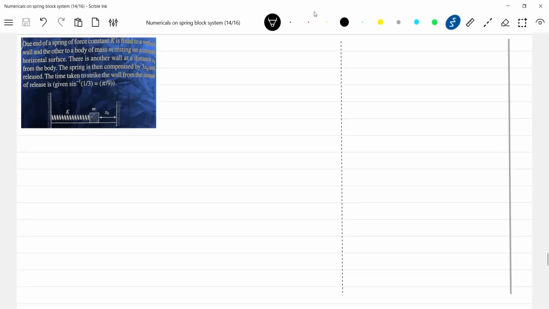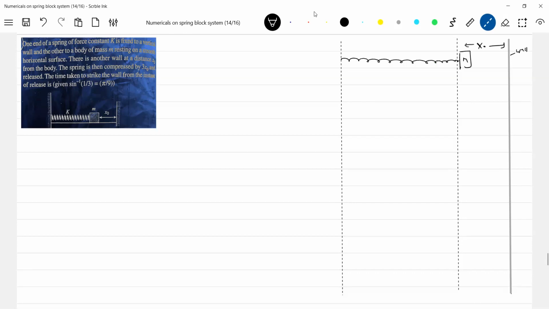Initially, it's at natural length. This is a wall. This is in fact the mean position. I'll use some other color, make note of it. This is the mean position, no? Where there's no elongation or compression in the spring. Now it is being compressed by how much? A distance 3x naught.